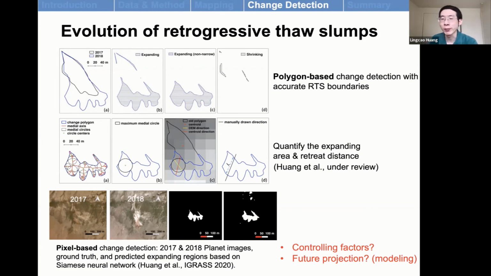If we observe RTS in a specific region, we can conclude that the permafrost degradation is happening there. But how much of the permafrost is degrading?